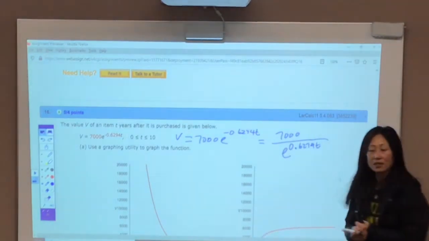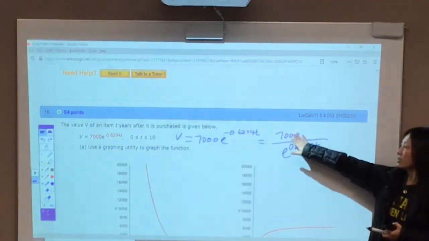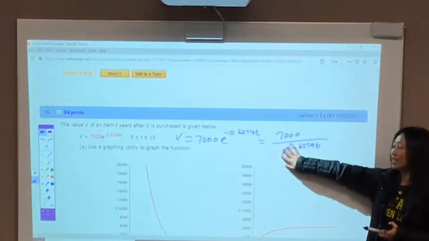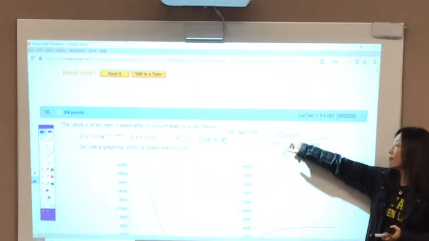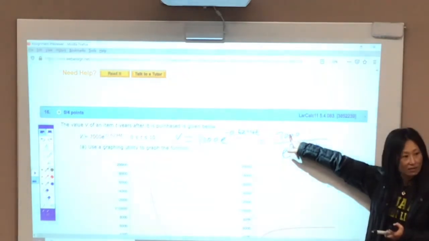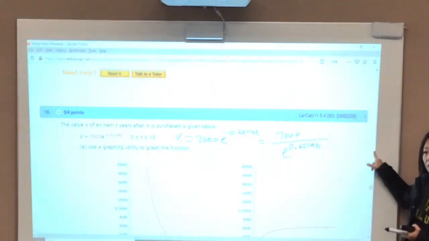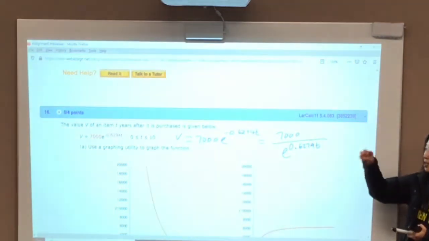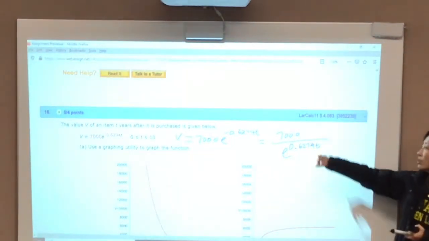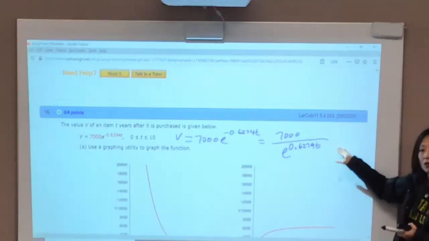That's what that means. So 7,000, if the exponent is small, you get a maximum of 7,000. When time goes long, your answer gets smaller, because you keep dividing by a bigger number in the denominator.